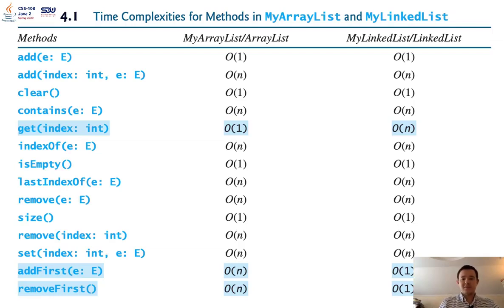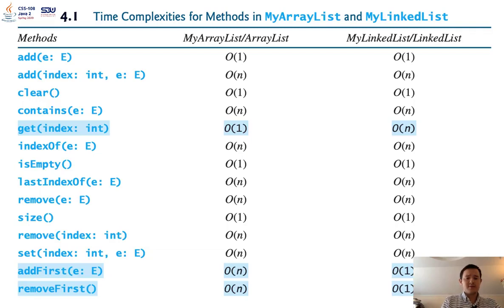So if you want to get the 0th element, it's going to take one operation, but if you want to get the last element, it's going to take n operations. So the complexity of getting the element at some certain index is O of n for a linked list. So getting an element at some certain position is more efficient in array lists.